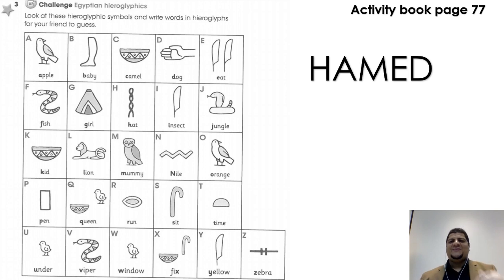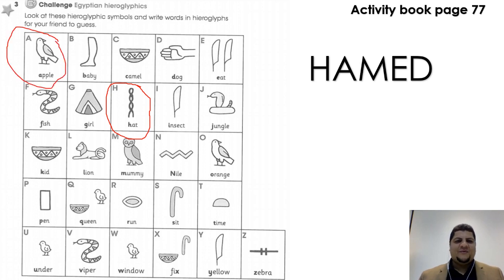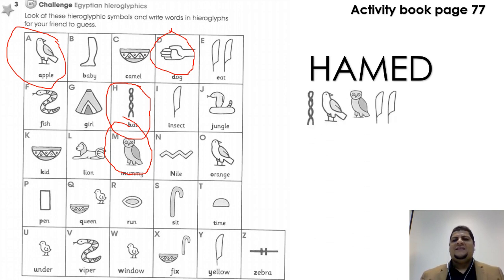For example, here it's my name, Hamed, so the H here is going to be this symbol, and the A is going to be this symbol, and the M, of course, it's here, and the D here. So my name is going to be like this.